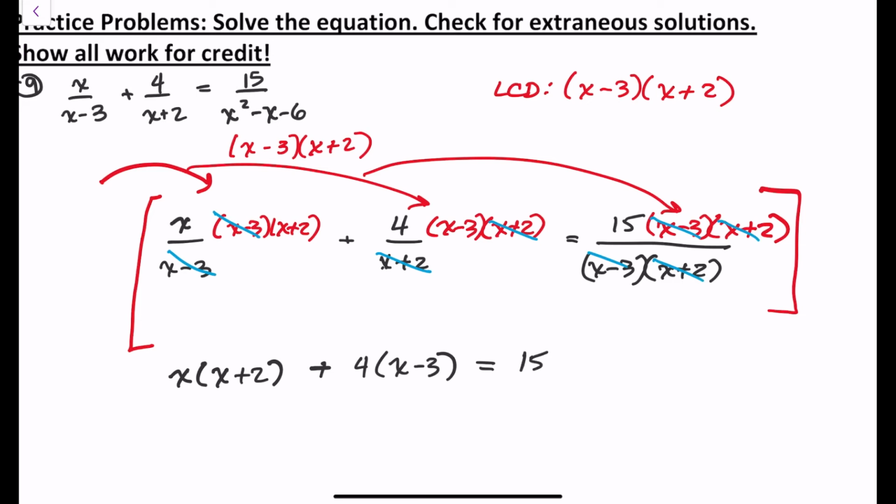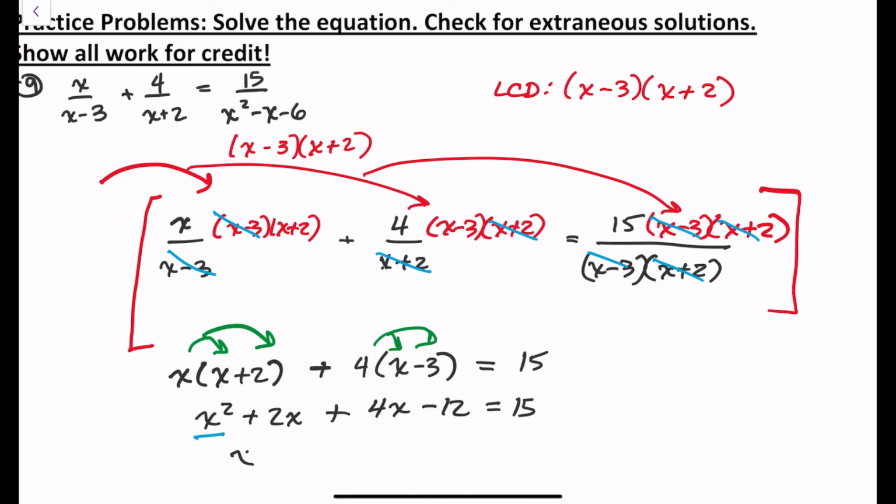So now we just distribute and combine our like terms. All right, so let's see. I only have one x squared, so let's write that one down, and then I'll combine my x's.